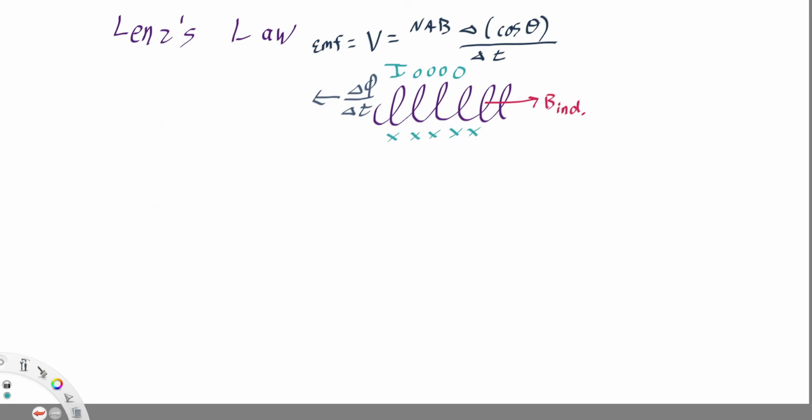I'm not going to go over it explicitly because it follows the same rules: a changing flux creates a voltage, except here it's the changing area of the square coil that is causing the change in flux, and the B field and orientation are constant.